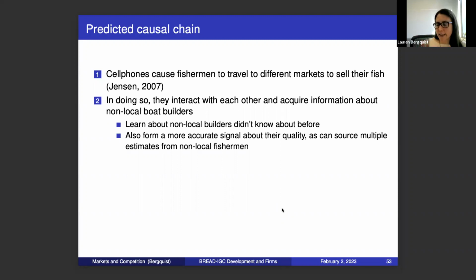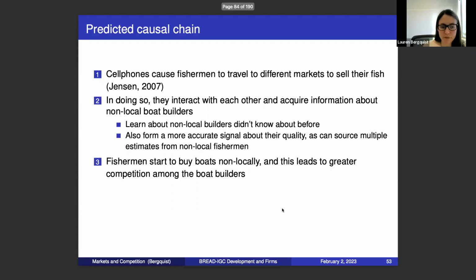The main measure they'll have is kind of the longevity or how long the boats last. There's some natural variability there. You might need multiple people's assessments to get an accurate signal of the quality. Okay, so they can source multiple estimates from lots of non-local fishermen and get a more accurate sense of the quality of these non-local builders.